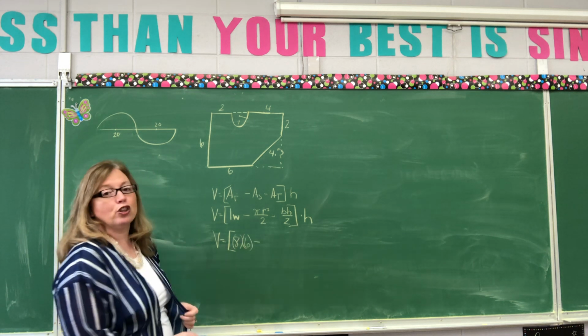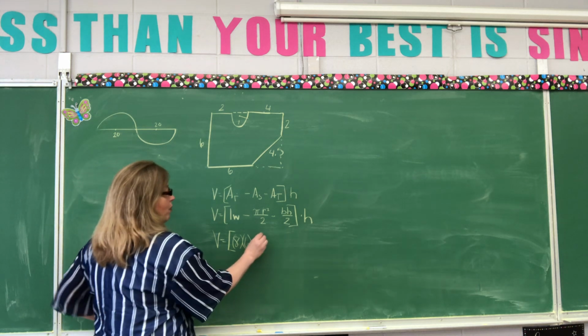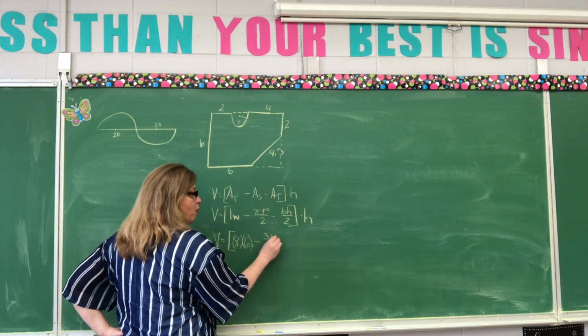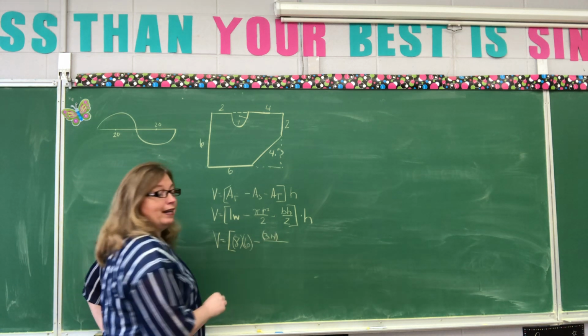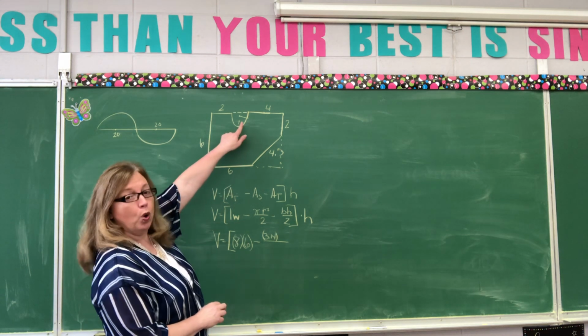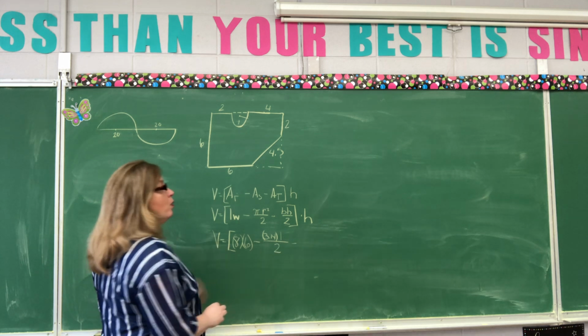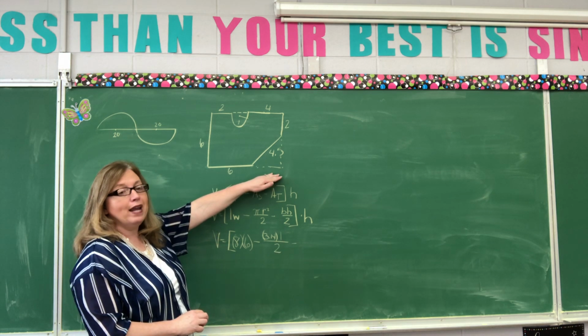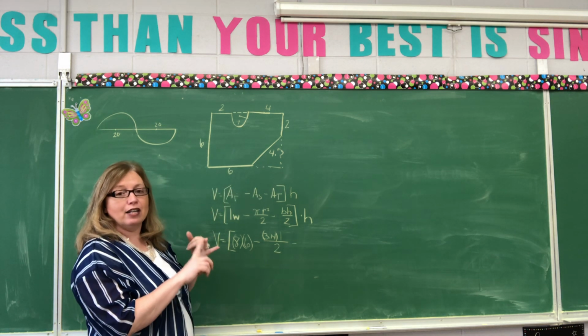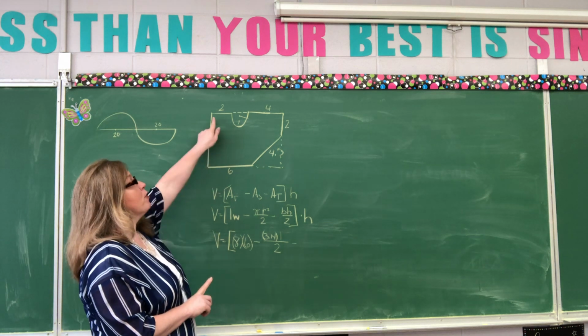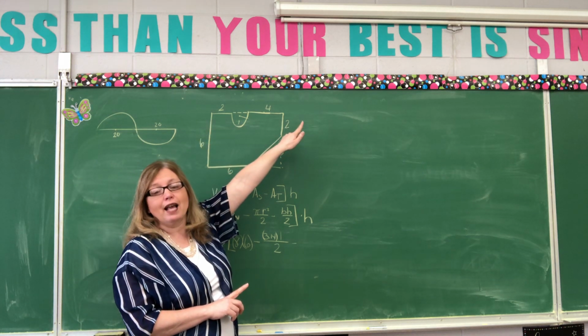Now, let's look at the pi times radius squared. Well, we know pi is 3.14. And the radius of the semicircle is 1. We're going to divide that by 2. Then we have our triangle. We have to find our base and our height of the triangle. Remember, the entire line was 8.